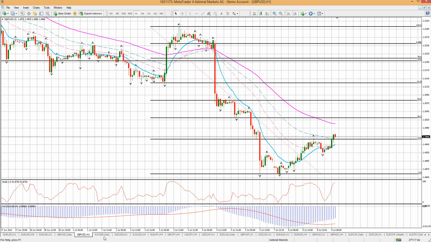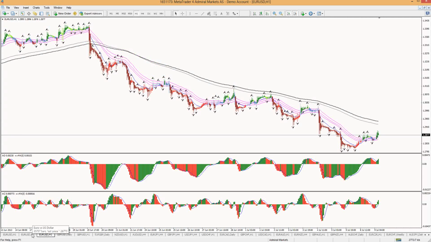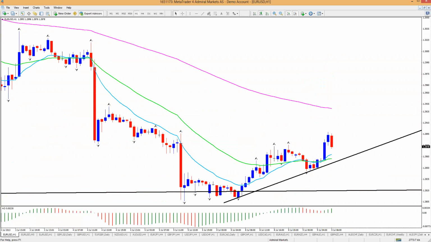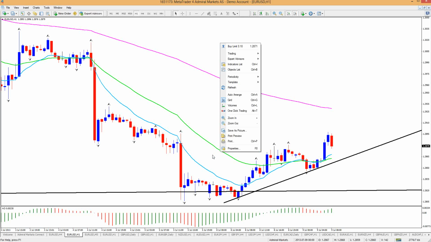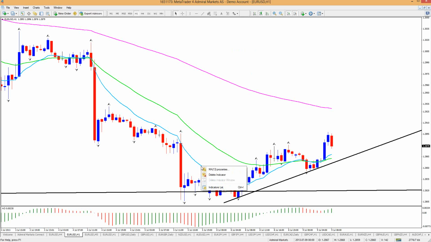There are 3 lines. This one maybe. 144, 34, and 13. Cool.